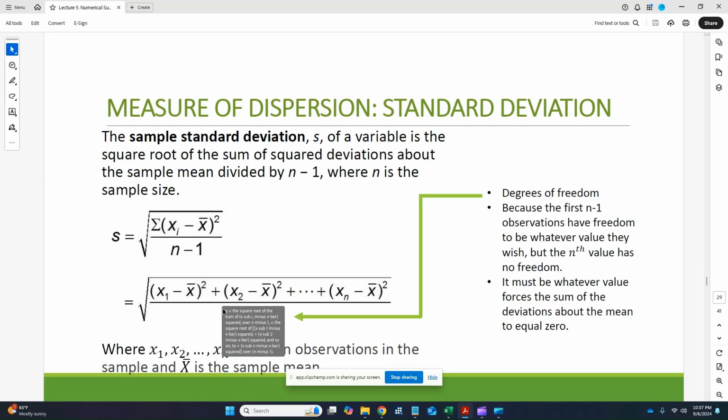But whenever you try to select in the sample, say you have three observations in the sample and you randomly pick two of them, then to leave the mean as it is, you cannot choose the third number freely. So the third number has to be dependent on the mean.